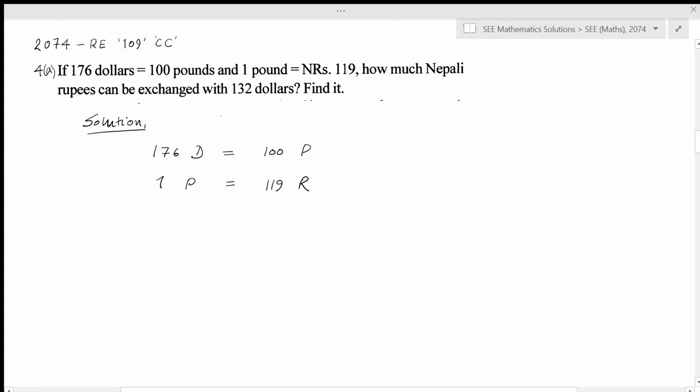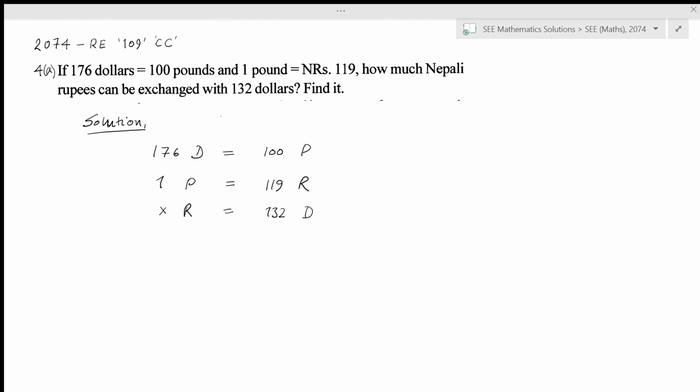And we have written rupees on the right hand side. Next time we'll write rupees on the left hand side. Since we have to find the rupees, we don't know the value of Nepalese currency, so we write x rupees is equal to $132. If we look here, it is automatically balanced because the dollar now appears on the right hand side. So all the 3 units are balanced here.